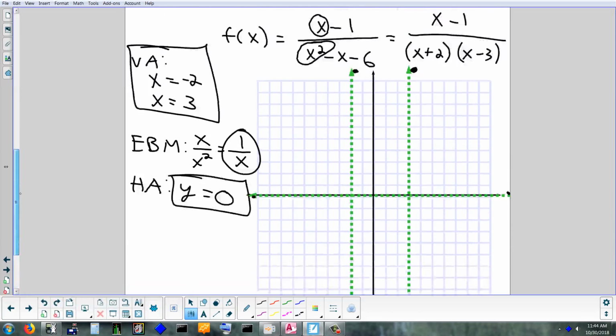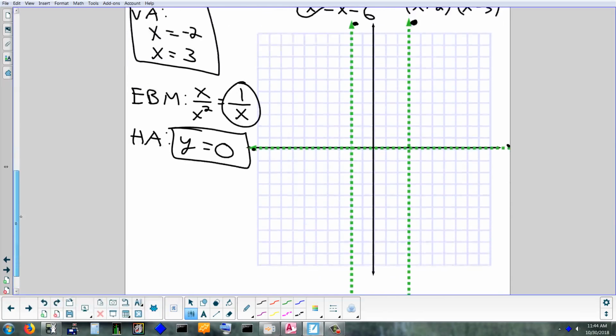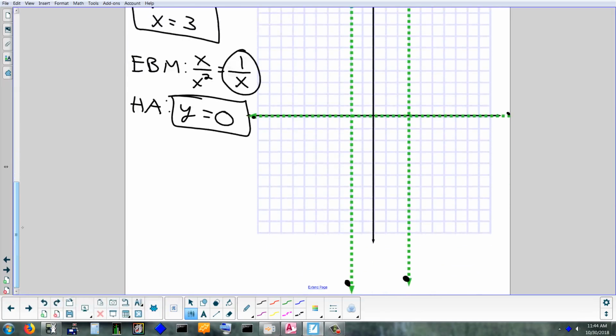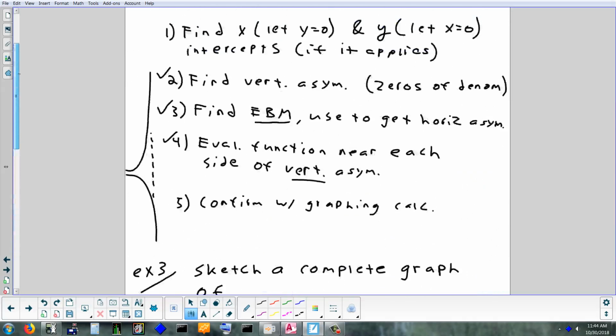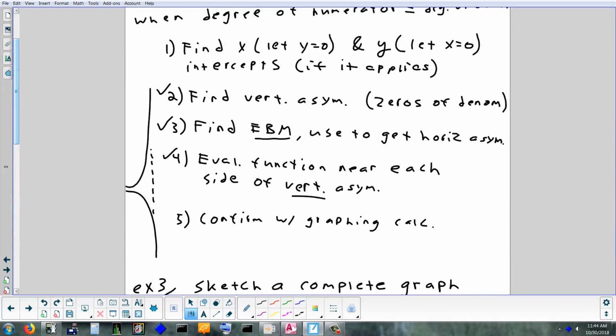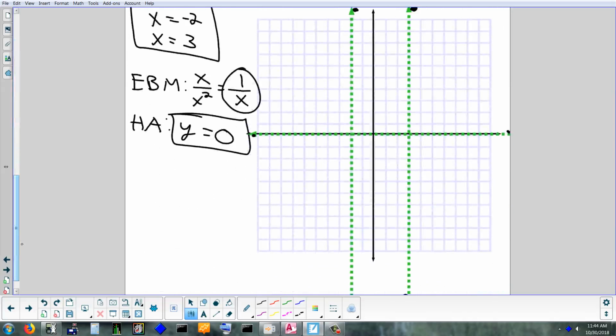Okay. So now, we could draw most of it, but I'm still not 100% sure what's happening in the middle. So for that, I'm not gonna worry about my intercepts. They might be helpful. All right, let's find the intercepts.